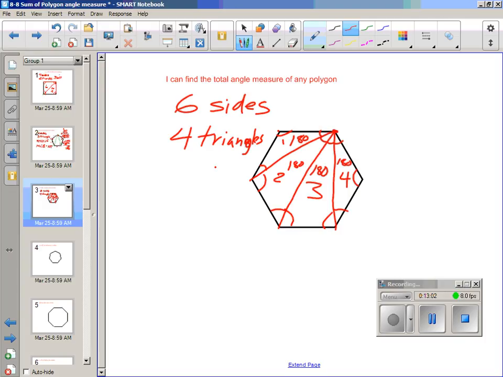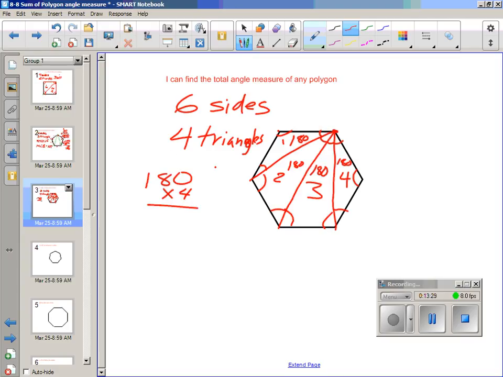By adding all. Now, instead of going 180 plus 180 plus 180, can we do 180 times 4, because repeated addition is the same thing as multiplication. I'm going to do it the opposite way.